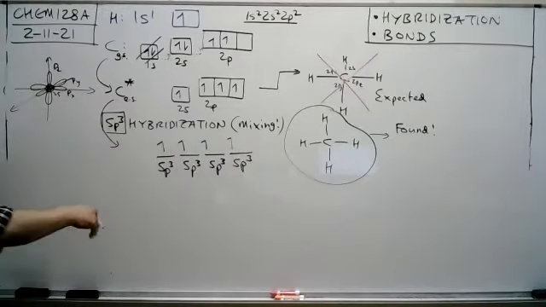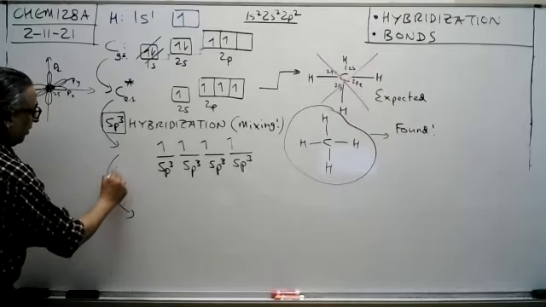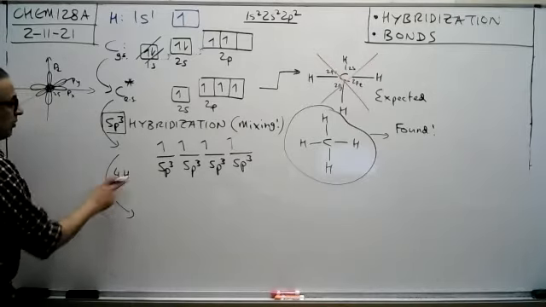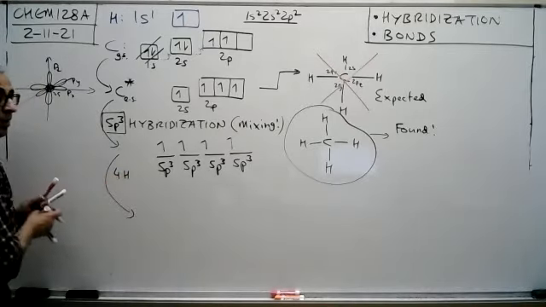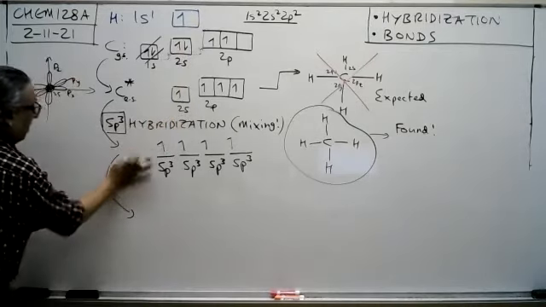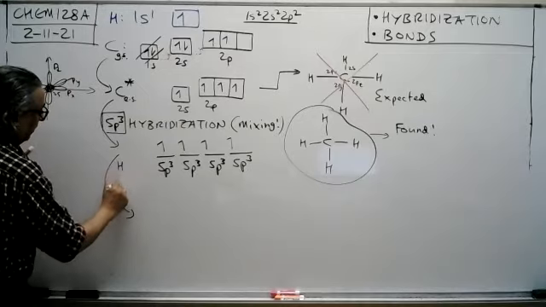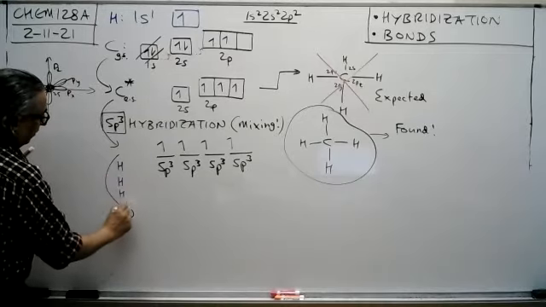Okay, now it binds with 4 hydrogens. Each comes with 1 electron from the 1s orbital, right? Let me just draw it in blue. 4 hydrogens, hydrogen, hydrogen, hydrogen, and hydrogen.